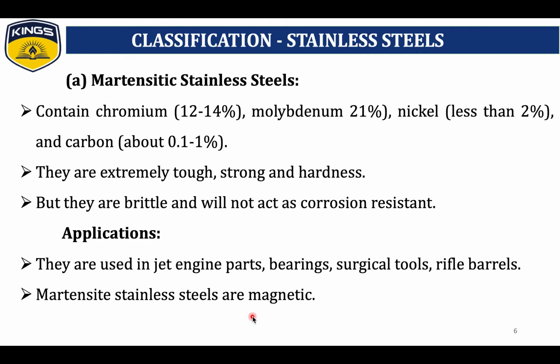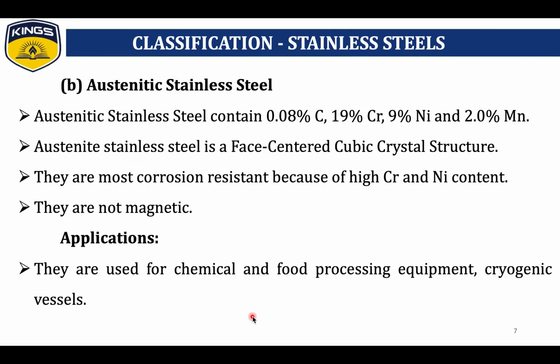Because of this, these materials are extremely tough, strong, and hard, but they are brittle and will not be corrosion resistant. As applications, they are used in jet engine parts, bearings, surgical tools, rifle barrels. These steels are also magnetic in nature.